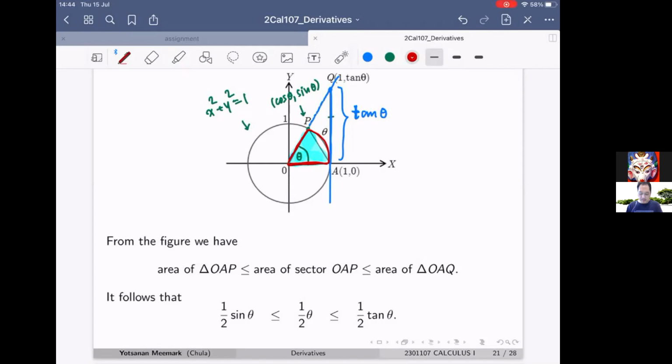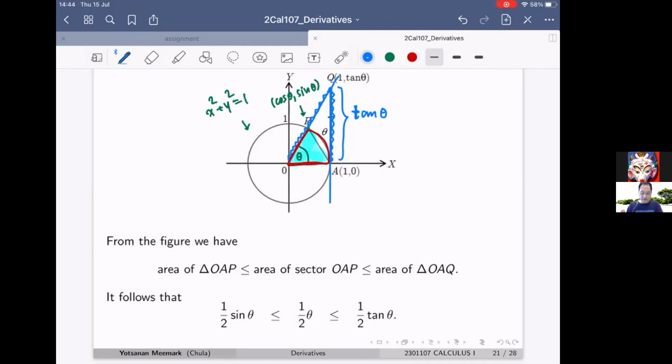And this sector is also bounded by the area of a bigger right triangle here, OAQ. So you have this relation from the picture.